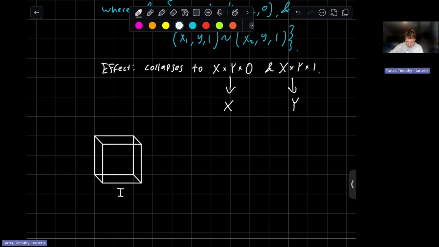If this is I, this is X, and this is Y, then the join X star Y goes to, I'm trying to draw this as accurately as I can.